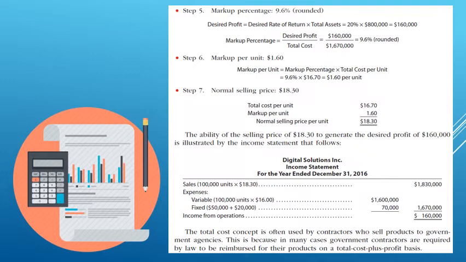So for getting the normal selling price, we have here 18.30, and in getting that we have the value of total cost per unit, which is $16.70 plus the markup per unit, which is 1.60. So summing up, $18.30.